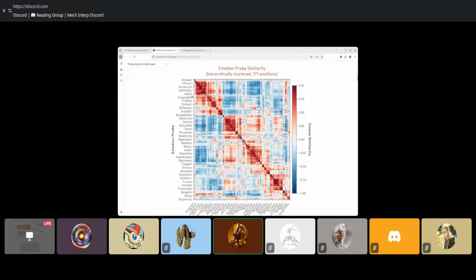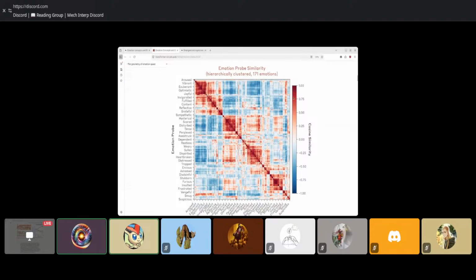I feel like a problem here is that some of them are literally synonyms. Yes, I think so. I've seen people talk about this on Twitter. There are 171 emotions in the model, and I think some of those might just be the same one. This kind of method doesn't tell you whether, if the cosine similarity is very high, it might be literally the same concept. Vibrant and joyful and optimistic might be basically the same.